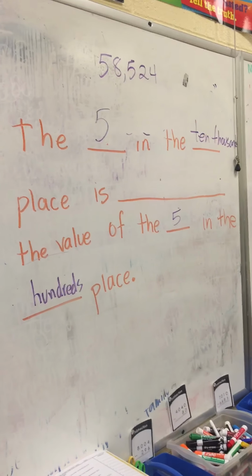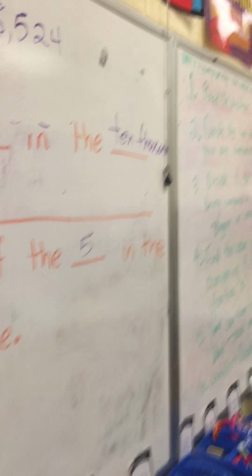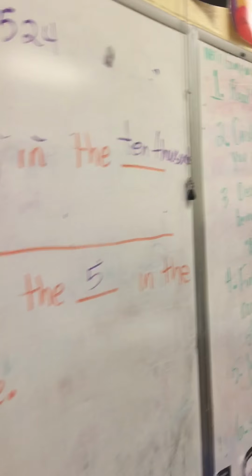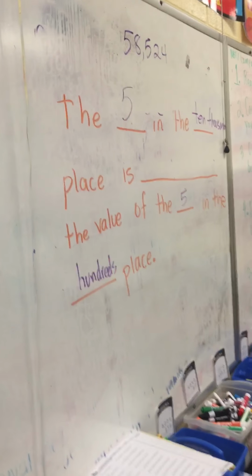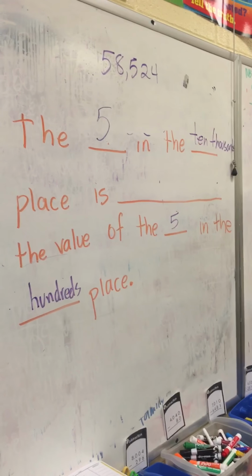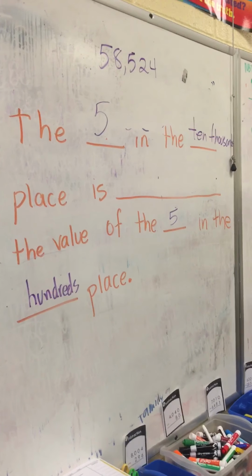We're going to read the problem, because step 1 is read the problem. Okay, boys and girls, 1, 2, ready, read. The 5 in the 10,000s place is blank the value of the 5 in the hundredths place.